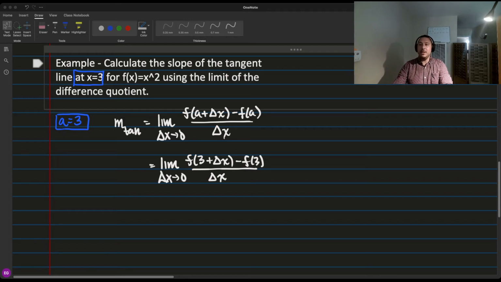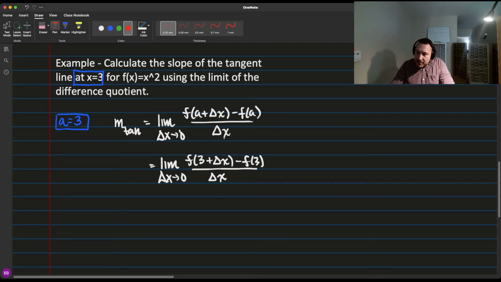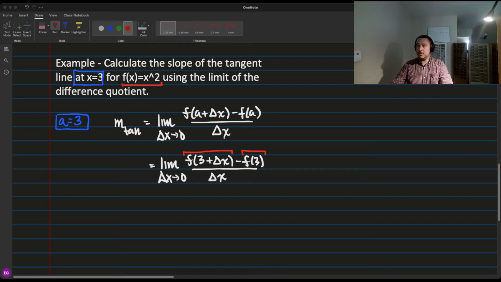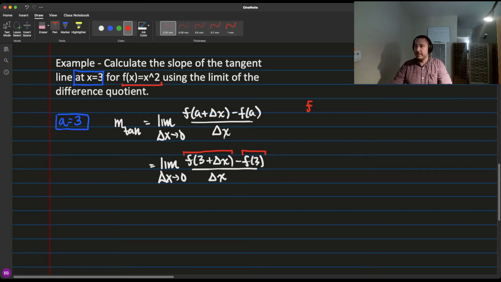Okay, now what you need to do is calculate these two y values. How are you going to calculate the two y values? Well, they tell you what your function is. Let's do the simpler one first. Let's do f of 3. f of 3, quite simply, is 3 squared, which is 9. Hooray.